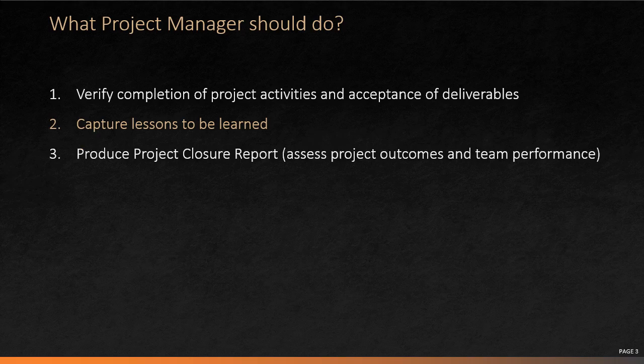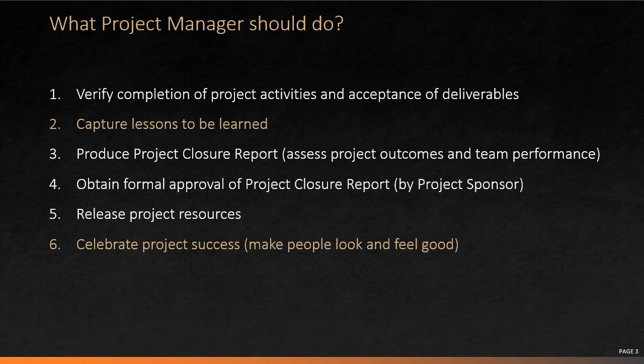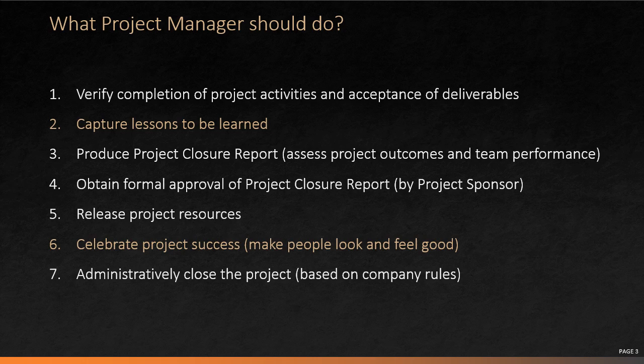After that, project closure report should be produced, and the project closure report should be presented to and approved by the project sponsor. After the project closure report is approved, project resources can be released, and project completion should be celebrated. And lastly, project manager should administratively close the project following company rules and procedures.